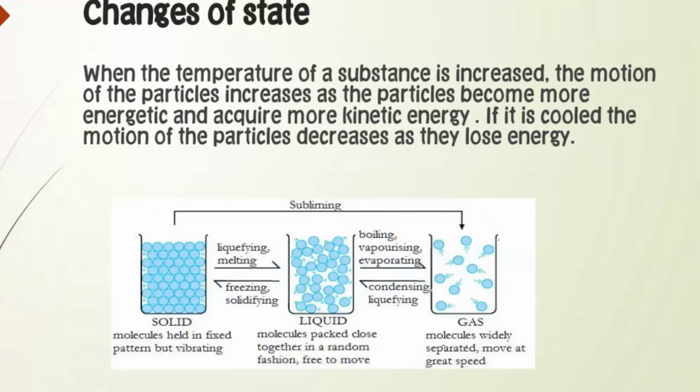In other words, the speed at which the particles are moving increases. So when you increase the temperature, the speed of motion of the particles increases. And when it increases, the particles become more energetic. They gain more energy and therefore acquire more kinetic energy.